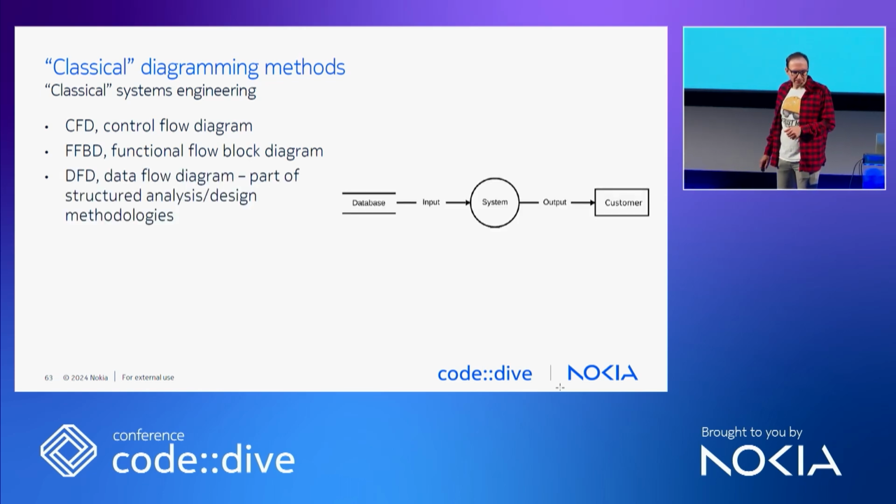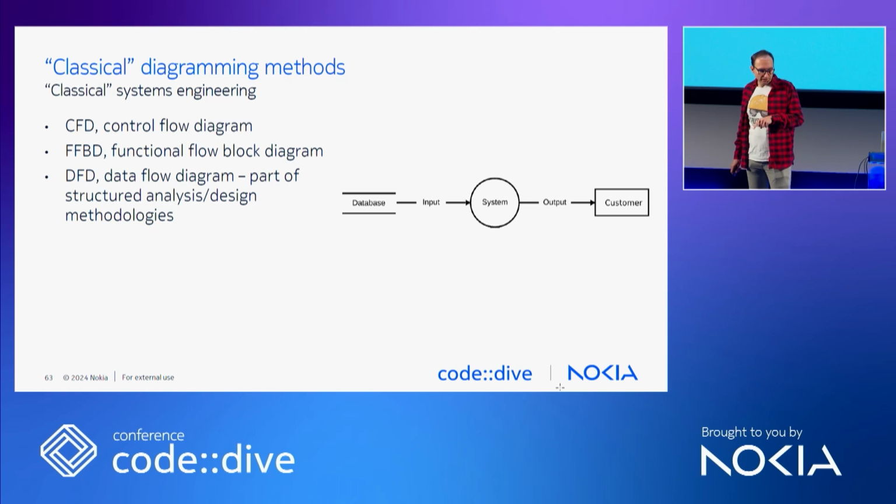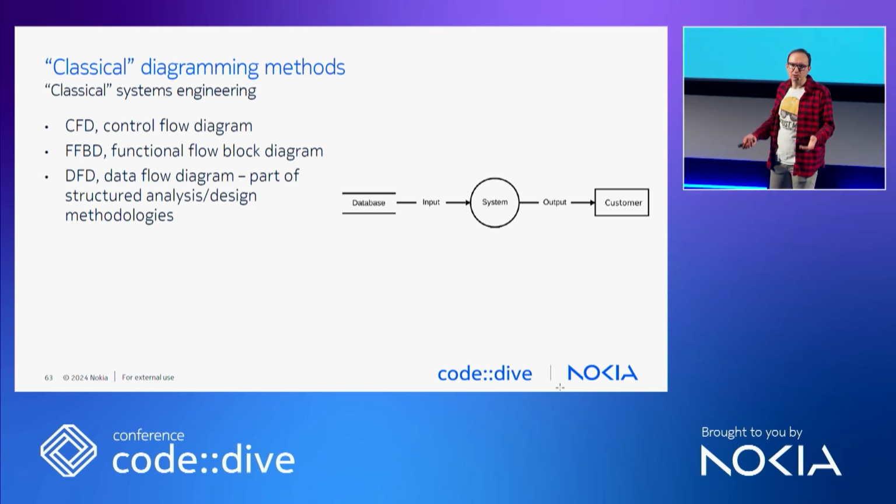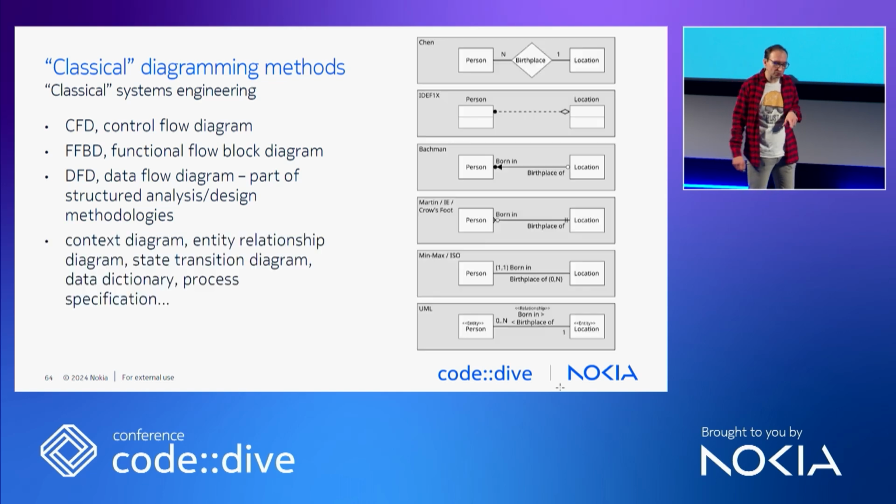In the 1970s, something that is actually aimed at software engineering came: data flow diagrams. And this was a part of a set of methodologies called structured analysis or structured design. And there were more diagrams coming with those methodologies.